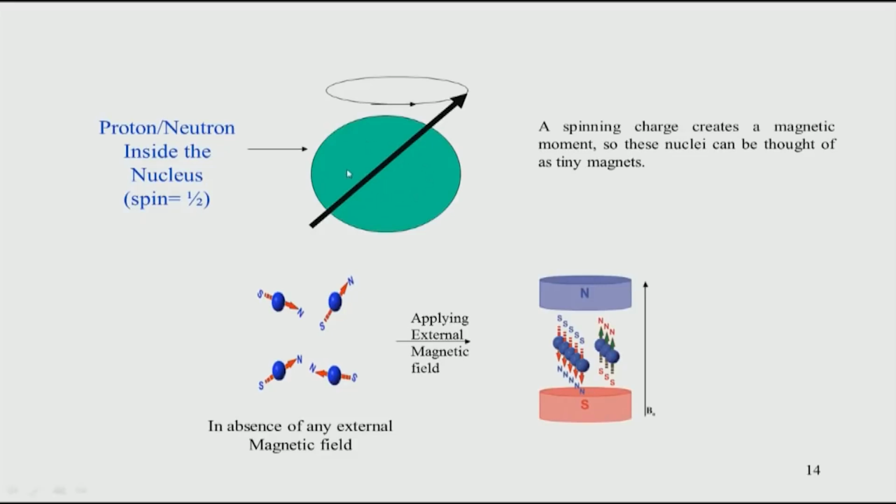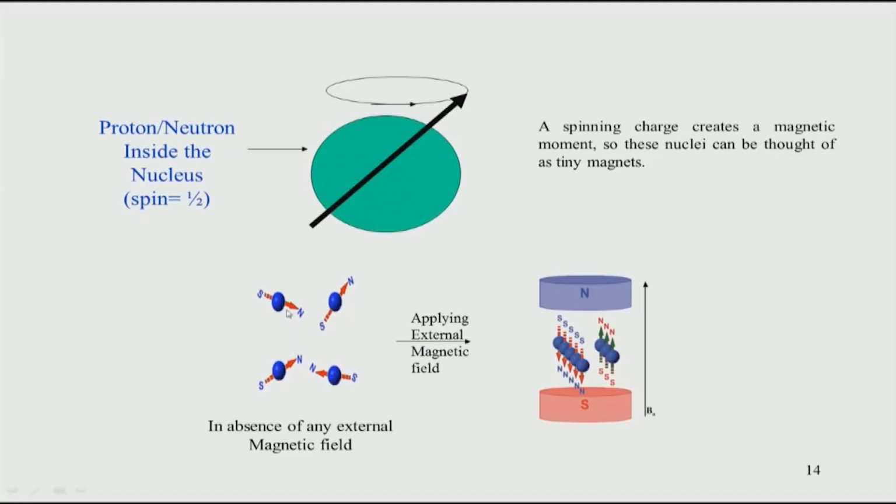Now it has a magnetic dipole associated with every nucleus. Every nucleus which has a charge and spin is now a small magnet. We can associate with the magnet what is called a magnetic dipole, similar to the magnets which you see in day to day life, with a north pole and south pole. So, we associate a magnetic dipole moment with every nucleus.